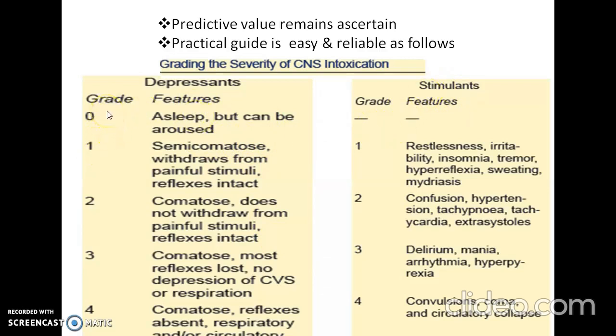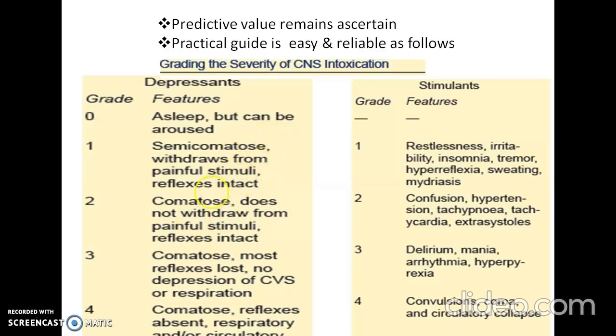Here the grading score will be from 0 to 4. 0 represents asleep but can arouse. Grade 1 will be given for semi-comatose, withdraws from painful stimulus, reflexes intact. Grade 2 will be given for comatose, does not withdraw from painful stimulus, reflexes intact. So here some pain will be induced as a stimulus in order to show some response.